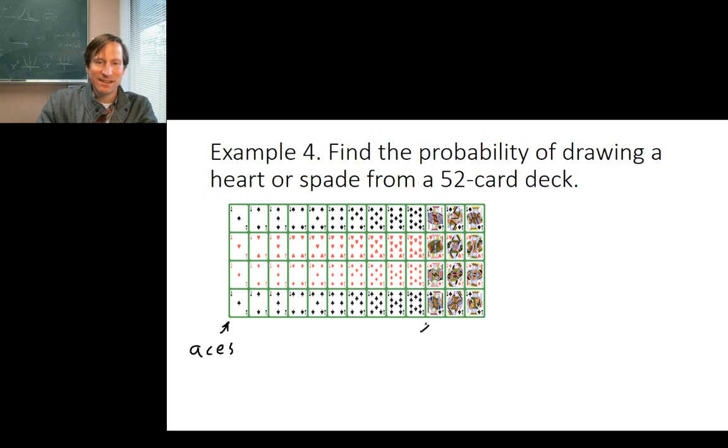And the three columns at the right are jacks, queens, and kings. And together, the jacks, queens, and kings are called face cards.